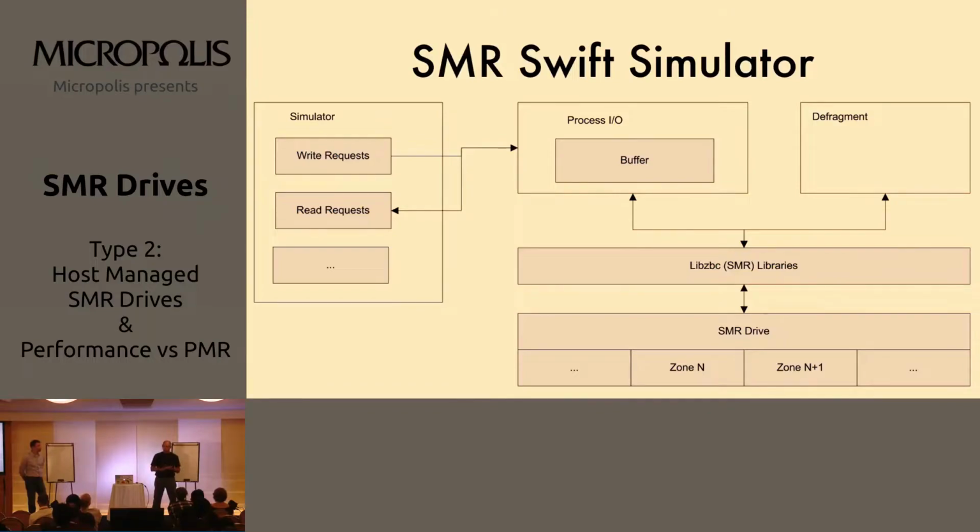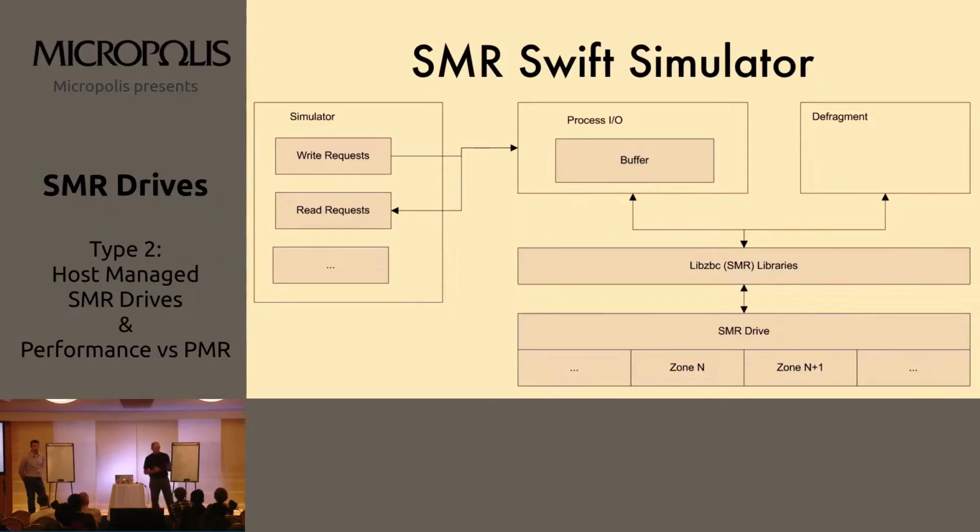If we were to implement all of that for the host managed SMR drive, we would be getting very close to some sort of user level file system. However, we really care about the performance for the reads and writes.